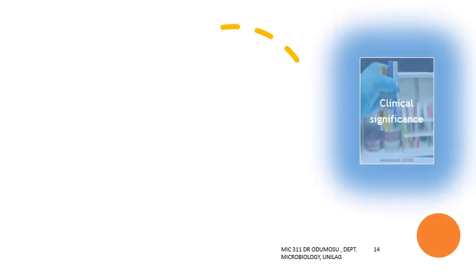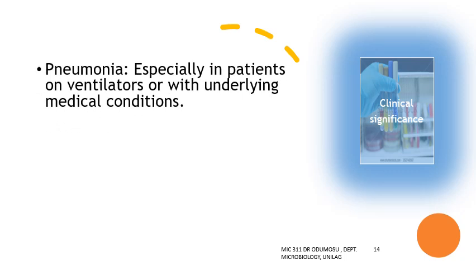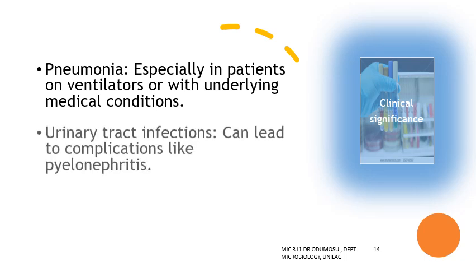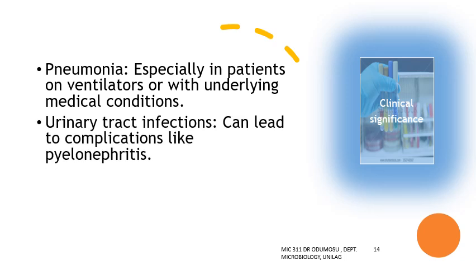In the clinical significance of Klebsiella, they are responsible for bacterial pneumonia, especially in patients on ventilators or patients that have underlying medical conditions. Pneumonia can be caused by other factors, but when pneumonia is associated with bacterial infection, then Klebsiella ranks first among bacteria that are implicated. An example is Klebsiella pneumoniae. They are also responsible for urinary tract infection, and such can also lead to complications such as pyelonephritis.